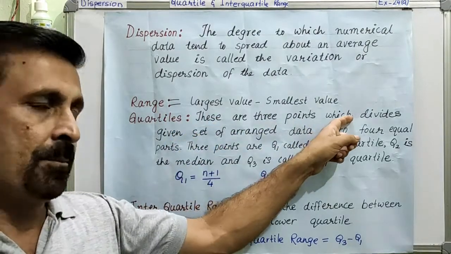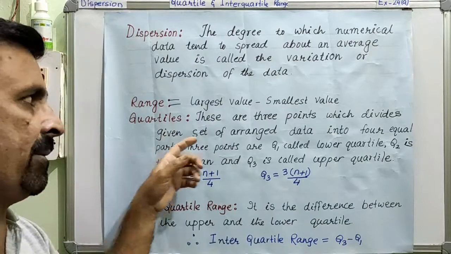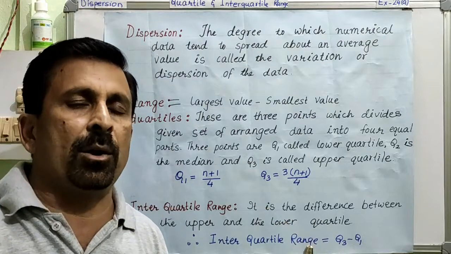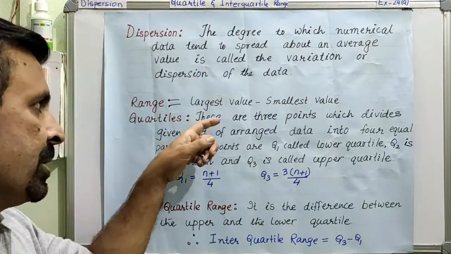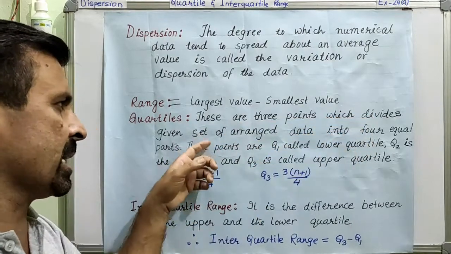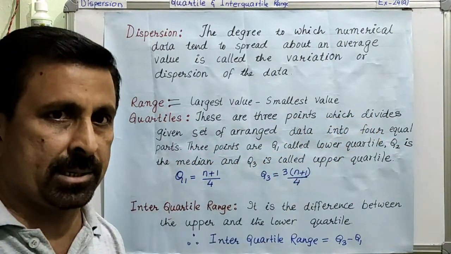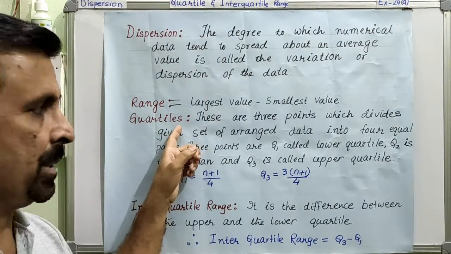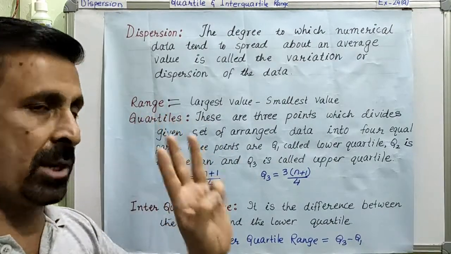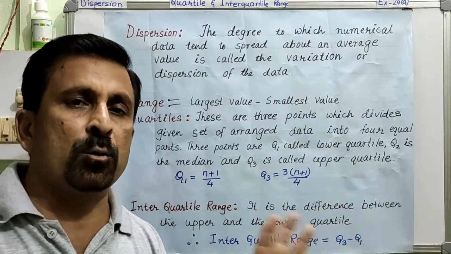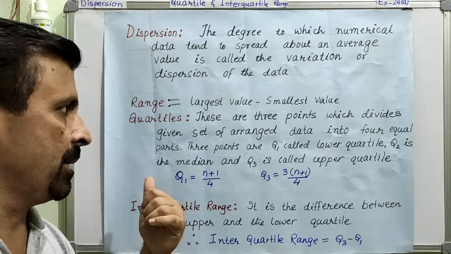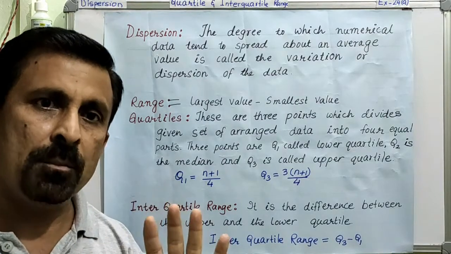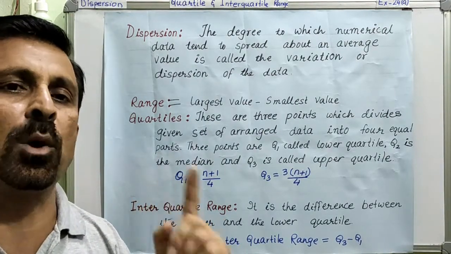There are 3 points which divide the given set of arranged data into 4 equal parts. Arranged data means the data has been arranged in ascending or descending order. These 3 points are called quartiles.